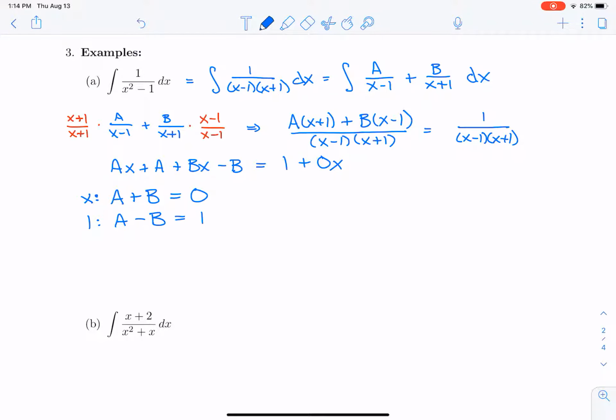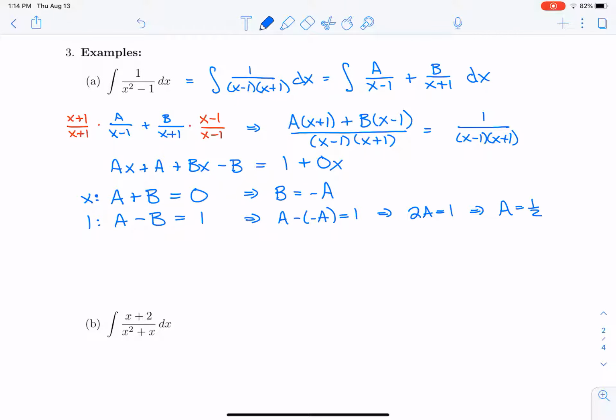At this point, we have two equations and two unknowns, and so we can solve for A and B. It looks like it'll be easiest if I just think about B as being minus A, and then I substitute that back into the second equation, which tells me that A minus minus A is equal to 1, which tells me that 2A is equal to 1, which tells me that A is equal to a half.